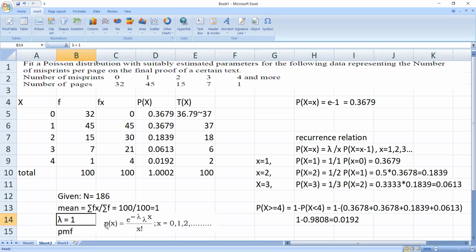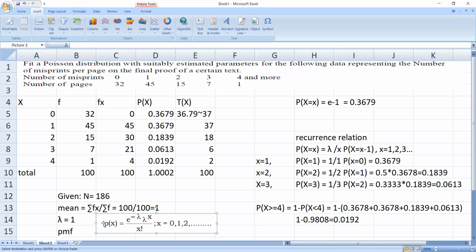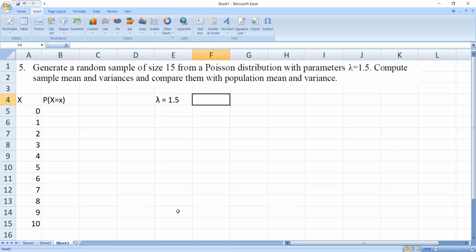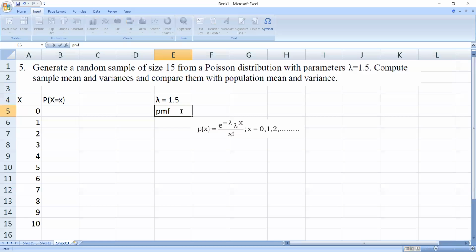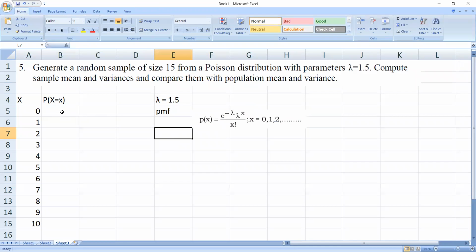You can use the recurrence relation also here to generate the probabilities, but many of us feel that the PMF itself is easier than recurrence relation. You will not worry about that. Okay, so we have the PMF. Now use this and generate the probabilities.